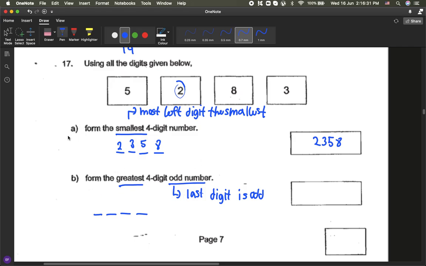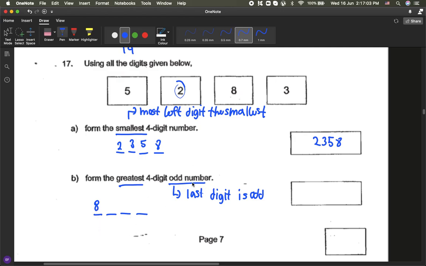Part A is quite similar to part B, because in part A they wanted us to find the smallest, but now they want us to find the opposite for part B, which is the greatest. So by applying the same concept here, we need to make sure that the most left digit is the greatest for part B. So the greatest digit here is number 8. So the first digit from the left is 8.